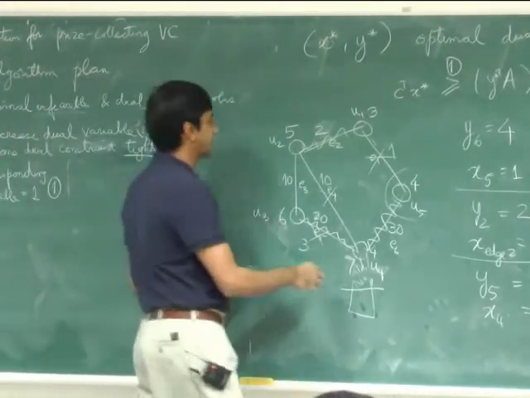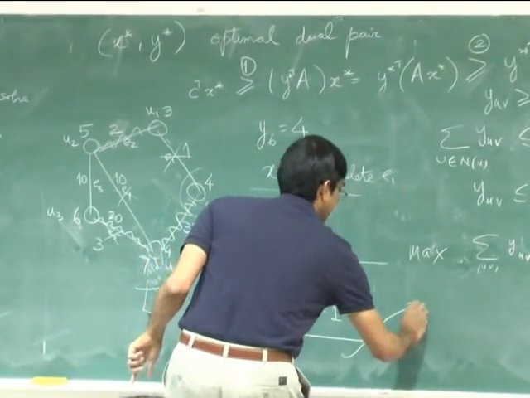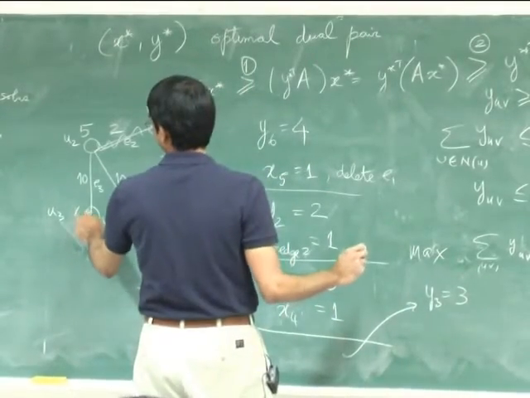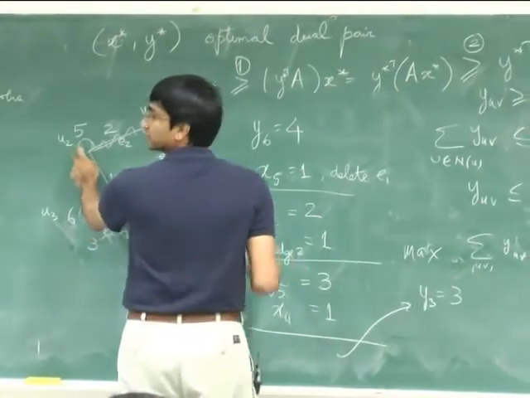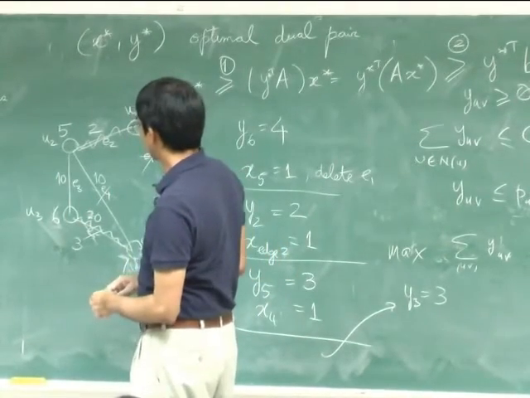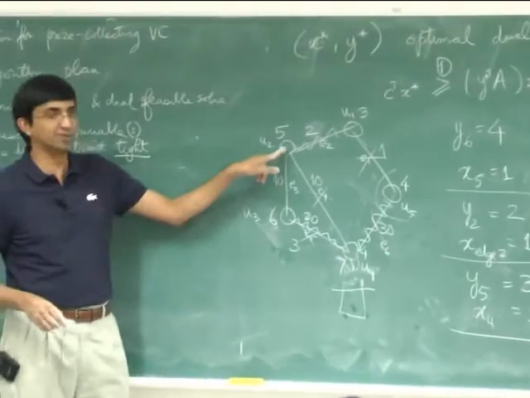So I'll now finally make Y3 to be 3, and that will in turn set U2. Right? Oh, both of them get tighter. Wow. So this also has 3 left, that also has 3 left.